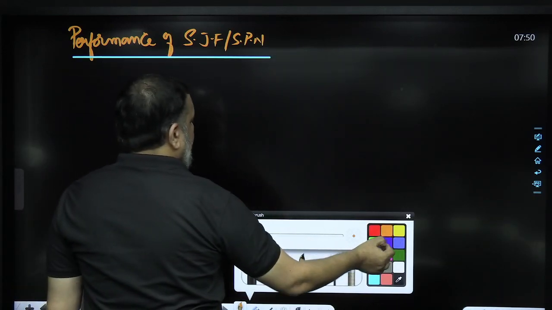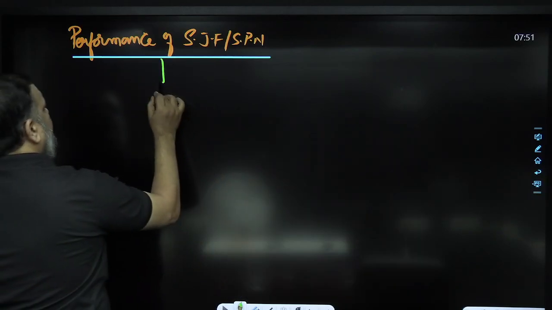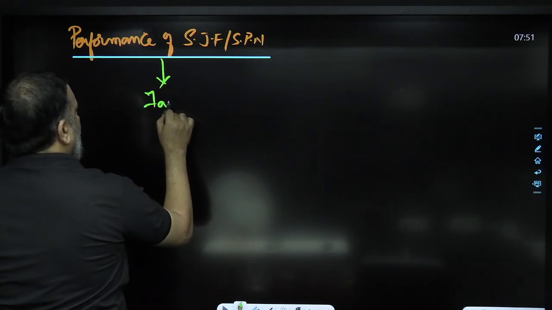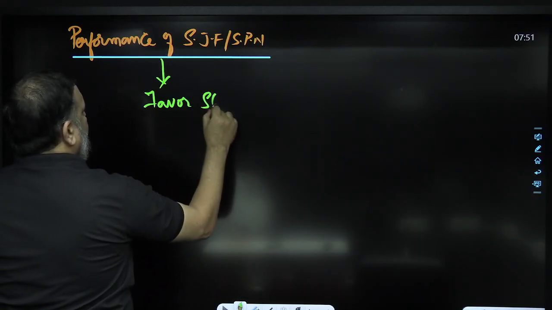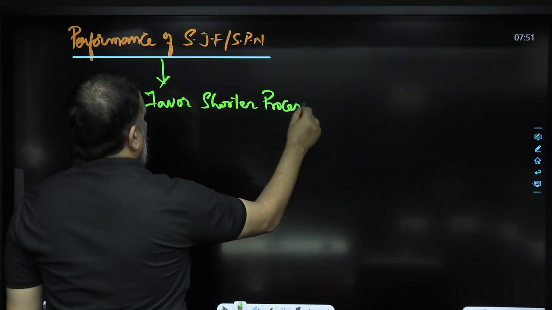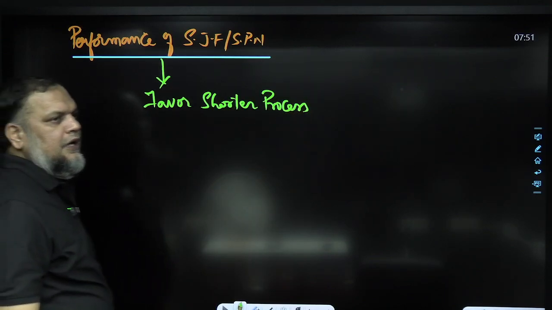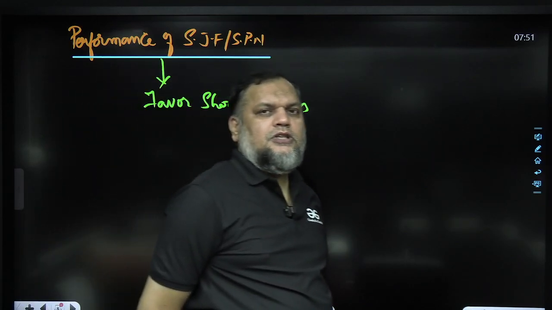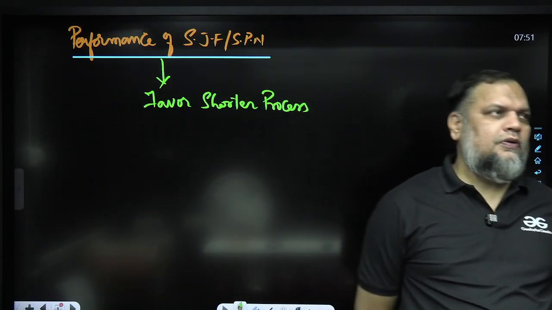As you see here, the essential characteristic of SJF is that it will always favor shorter processes. At any point of time, among the processes present, it is always going to favor a shorter process.